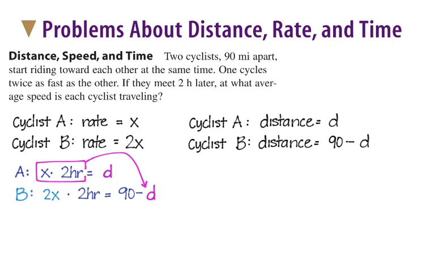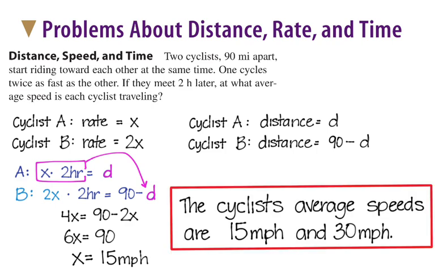It equals 2x. So since d equals 2x, and over here we have 4x, we have an equation. We just add 2x to both sides, divide by 6, and we have the rate that cyclist A is going. We now know x, and then we know that the other cyclist is going twice that.